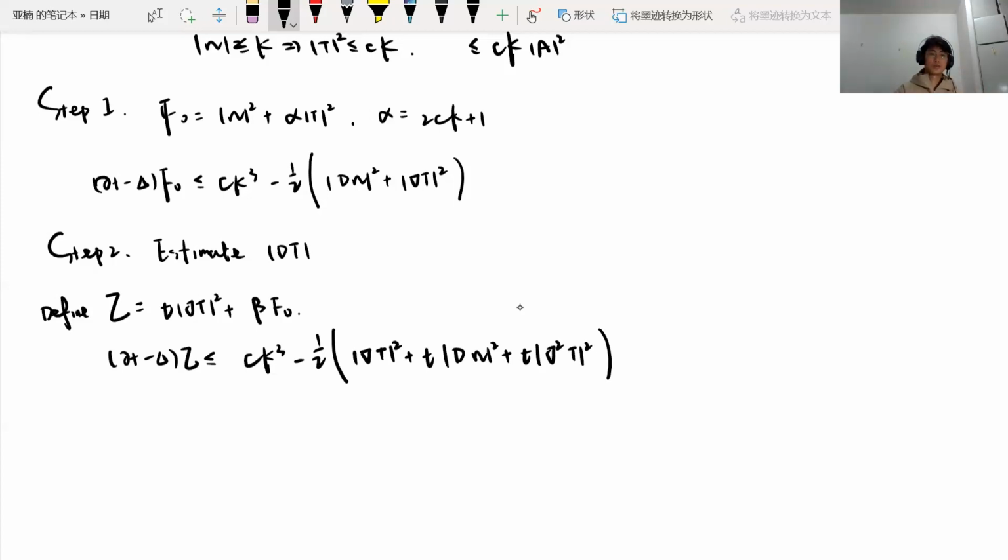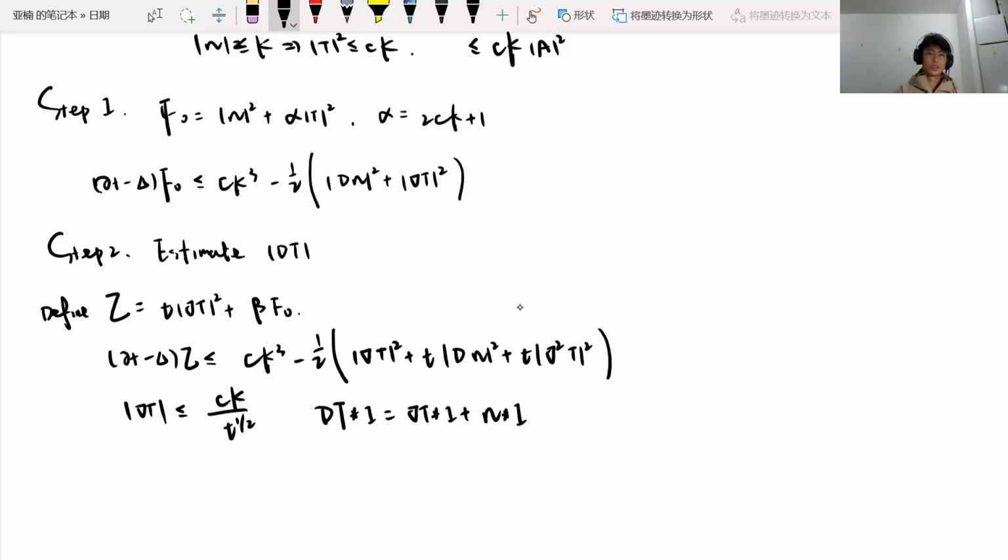So by maximum principle, we obtain that, and remember that this is just using the first differential.